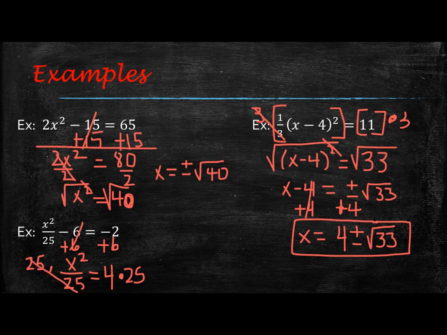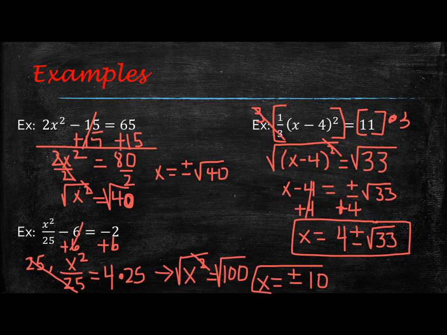So this will cancel, and then we'll have x squared equal to 100. And then we'll take the square root of both sides. Well, 100 is a perfect square, so x equals plus or minus the square root of 100, which is 10, so plus or minus 10.